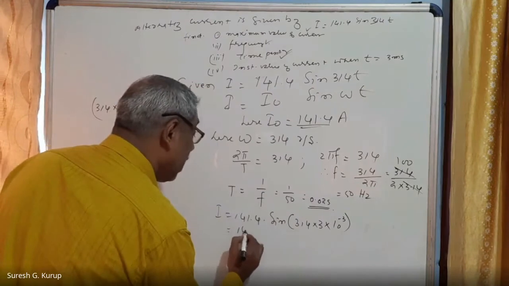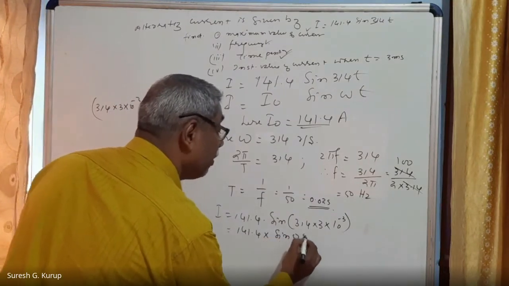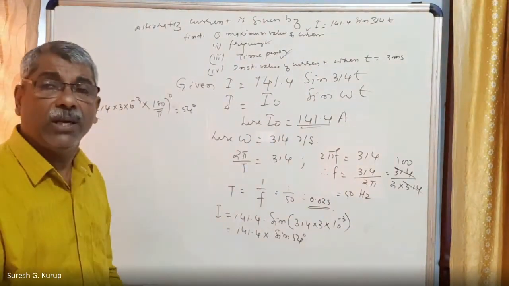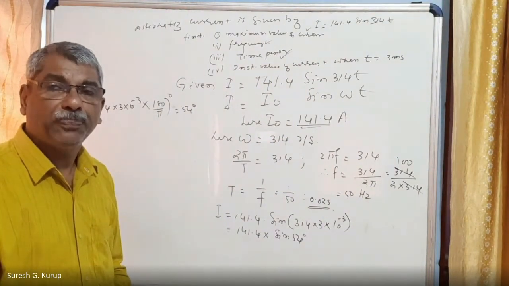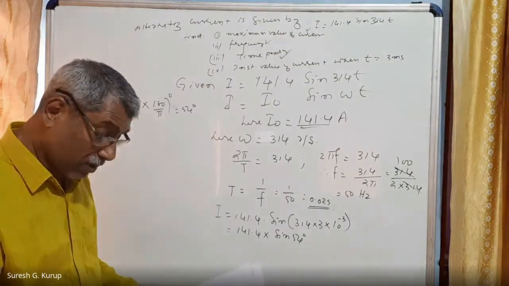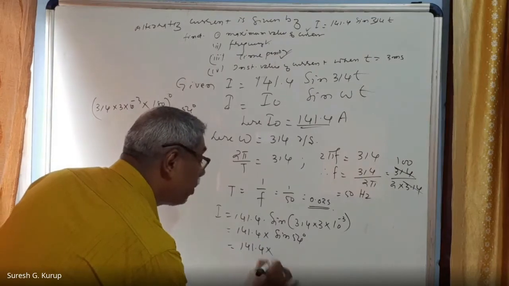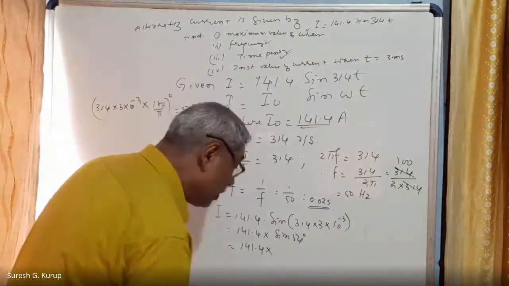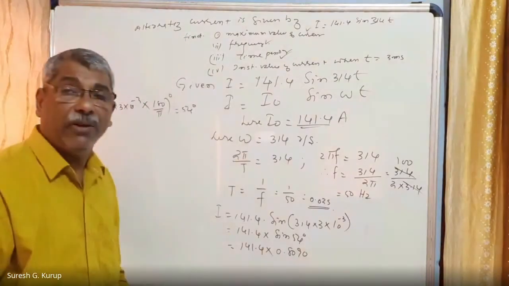So this is equal to 141.4 into sine 54 degrees. The value of sine 54 degrees can be obtained from the logarithm table, right? This gives 141.4 into 0.8090, the value of sine 54.